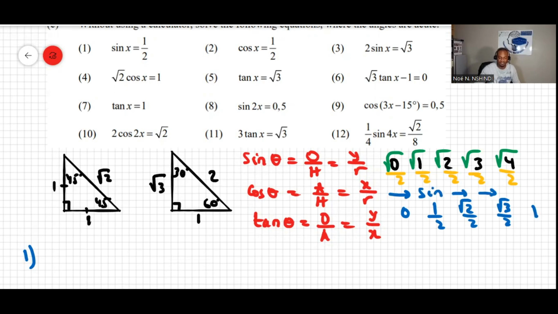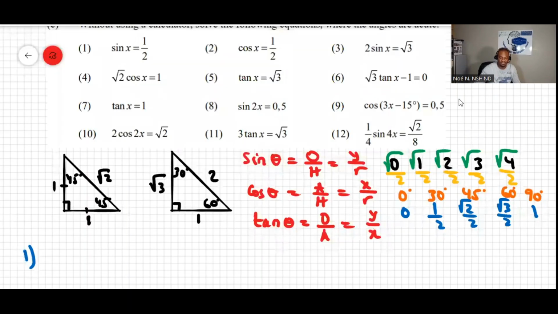Okay, so there are the values of the special angles: 0 degrees, 30 degrees, 45, 60, and 90 degrees for the sine. And then for the cos, the values are in descending order. So 90 degrees here, 60 degrees there, 45 degrees there, 30 degrees there, and then 0 degrees there.